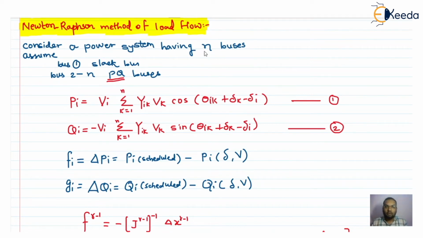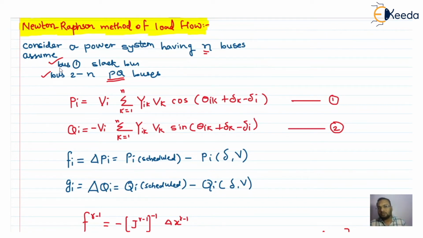Suppose there are n buses. Of course, the first bus we always take as the slack bus. So bus number 1 will be the slack bus, and the rest of the buses, from bus number 2 to bus number n, I assume are all PQ buses.